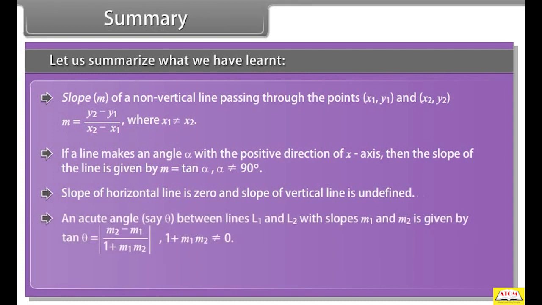An acute angle between lines L1 and L2 with slopes m1 and m2 is given by the formula, provided 1 plus m1 m2 is not equal to 0. Two lines are parallel if and only if their slopes are equal.